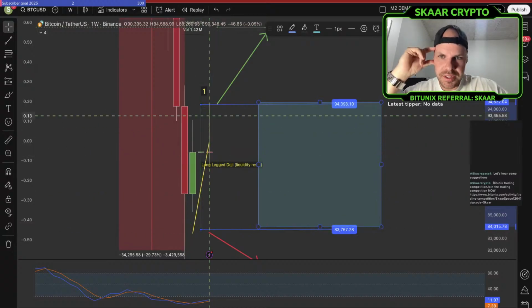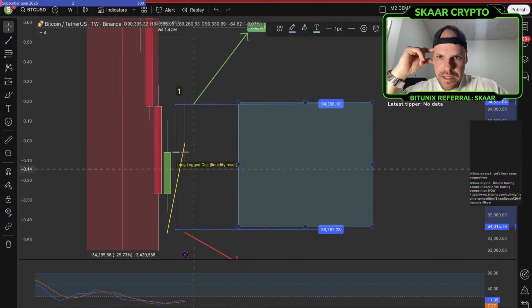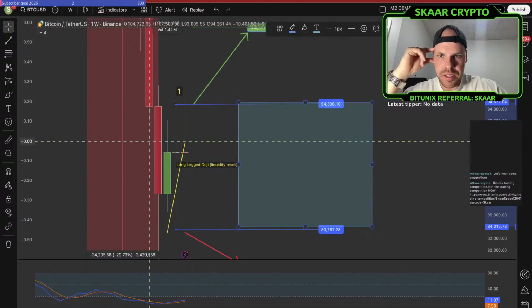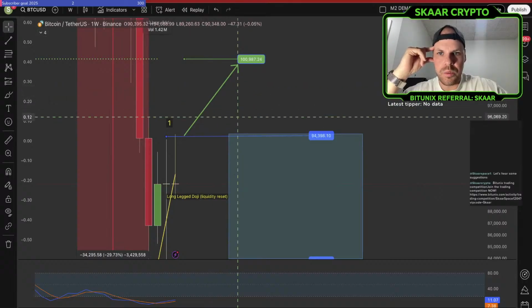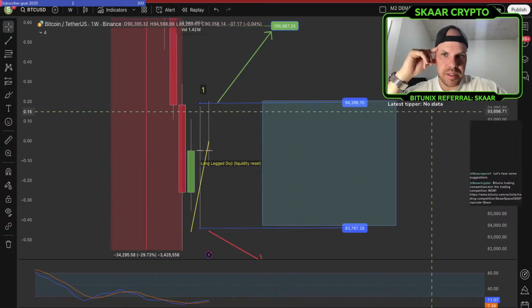But watch this. I mapped out the top and the bottom of it, and I expect us to range in this area. And depending on where we cross and close on the weekly, we could have our next sharp momentum.